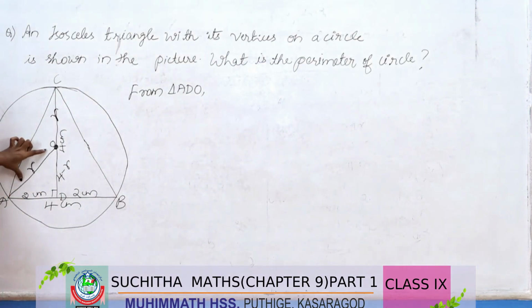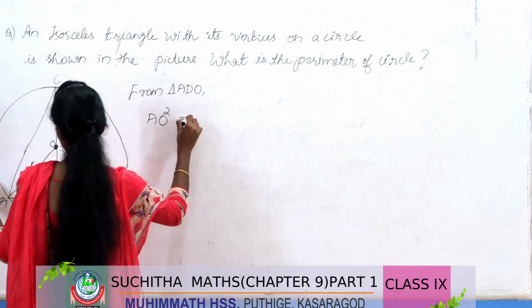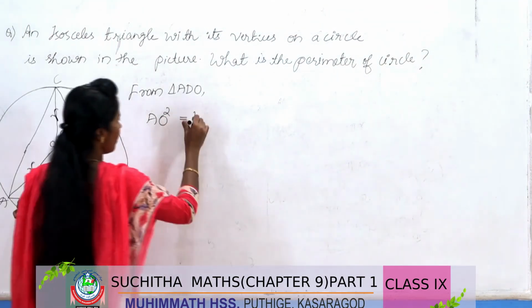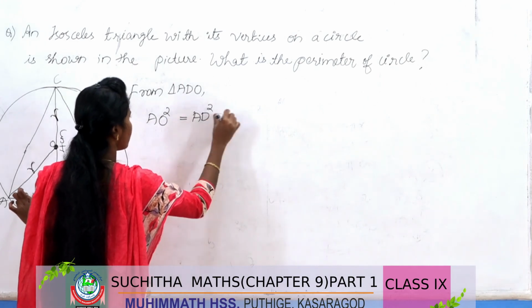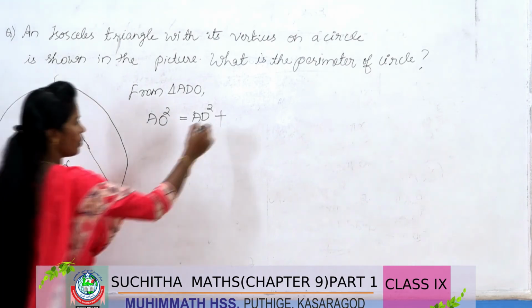Hypotenuse square equals base square plus altitude square. So by using Pythagoras theorem, the hypotenuse is AO, that is AO square equals base AD square plus height OD square.